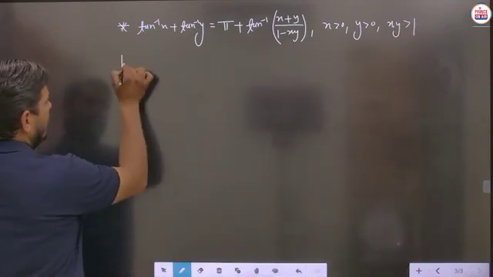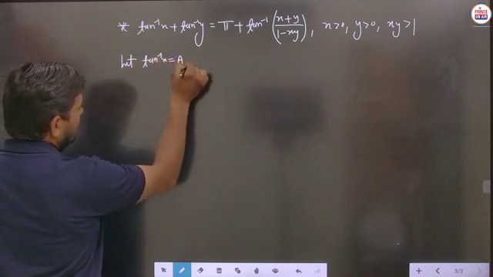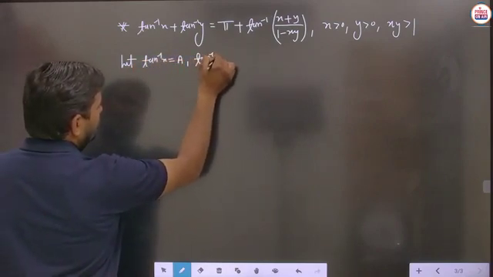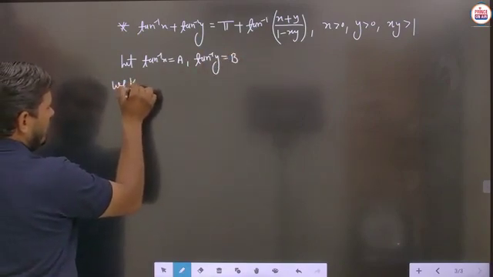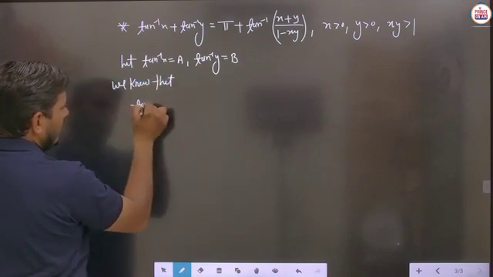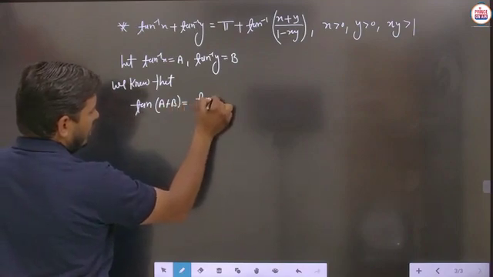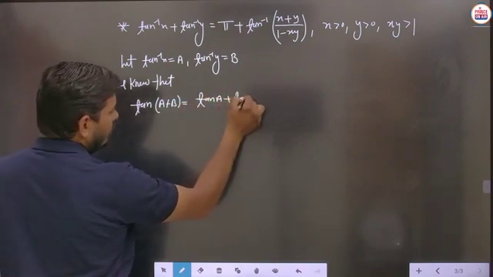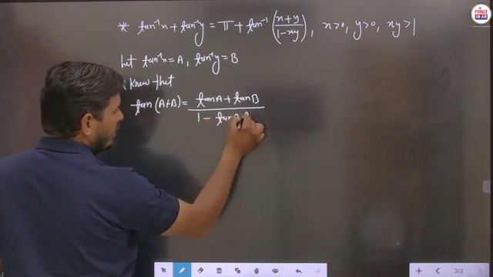So let tan inverse of x be taken as A, and tan inverse of y be taken as B, and you know very well the formula of tan(A plus B). So we know that tan(A plus B) will be written as (tan A plus tan B) divided by (1 minus tan A into tan B).